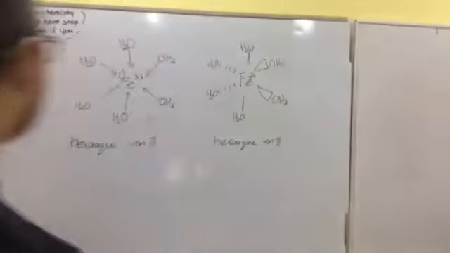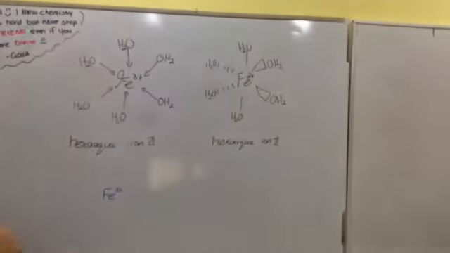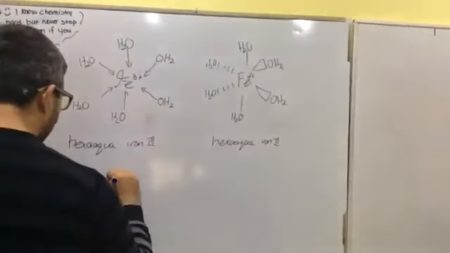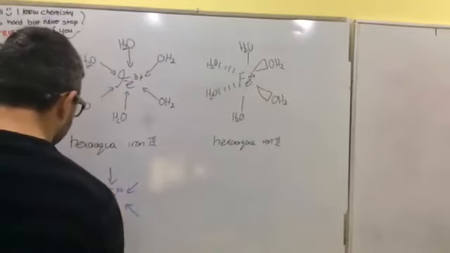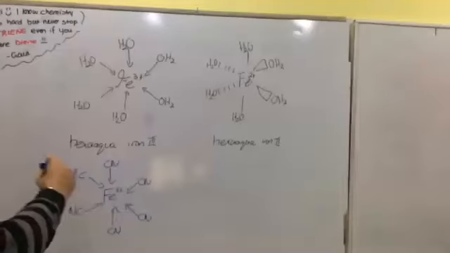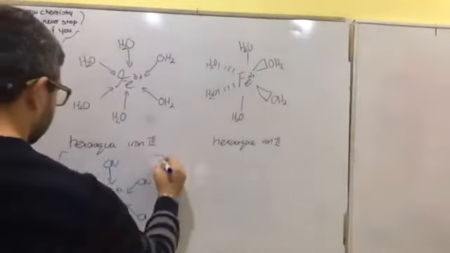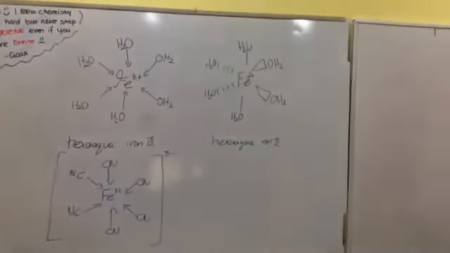Apart from these, we could have been in a position where we have, instead of having H2O, which is neutral, you could have had CN minus. So now all of this complex will be 3 minus. Why is it 3 minus?